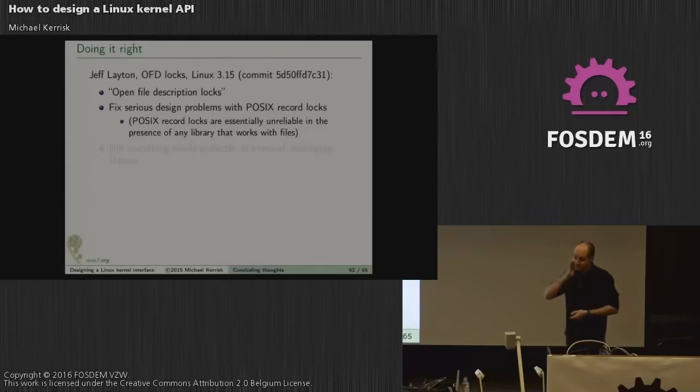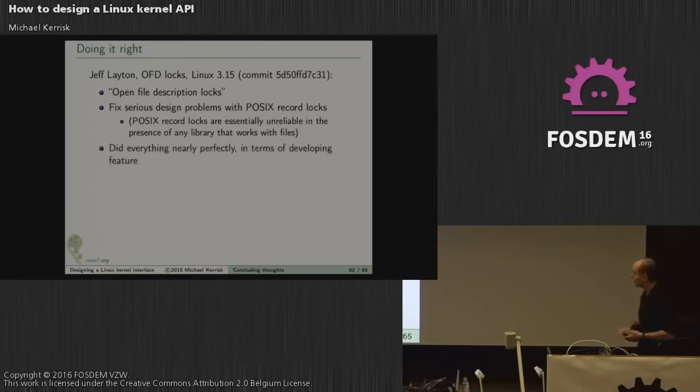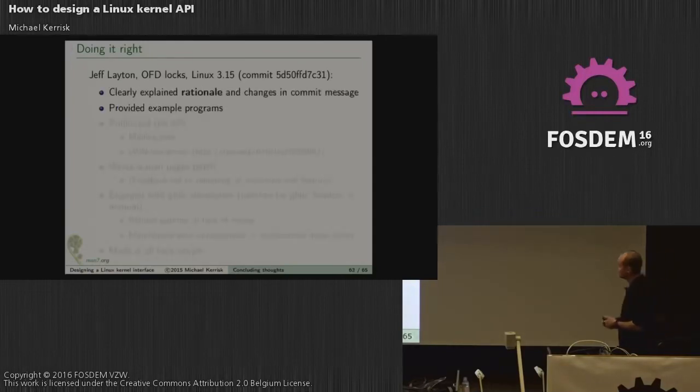Okay, so some people do the right job. I'm just going to call out one person who did a magnificent job a few kernel releases ago, a guy called Jeff Layton, who added a feature called open file description locks. They fixed a serious problem with traditional POSIX record locks. I won't go into the details, but he did everything nearly perfectly.